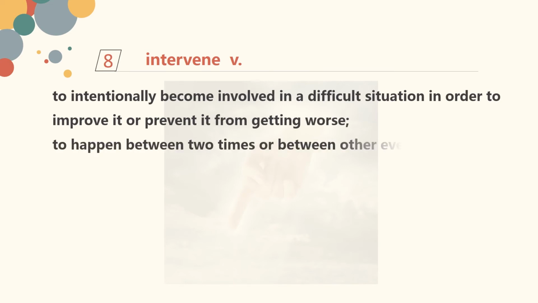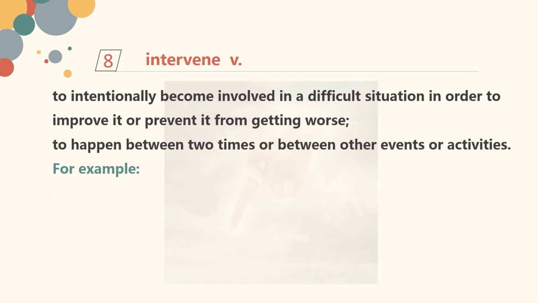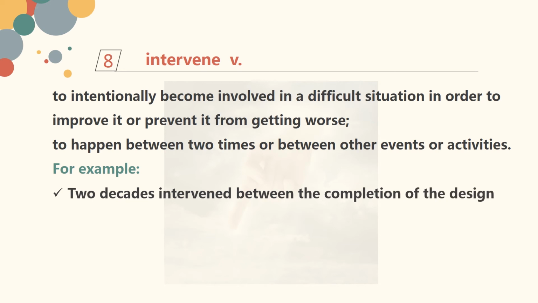To happen between 2 times or between other events or activities. For example, the central bank intervened in the currency markets today to try to stabilize the exchange rate. 2 decades intervened between the completion of the design and the opening of the theater.